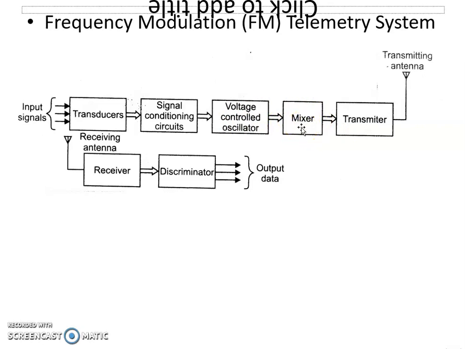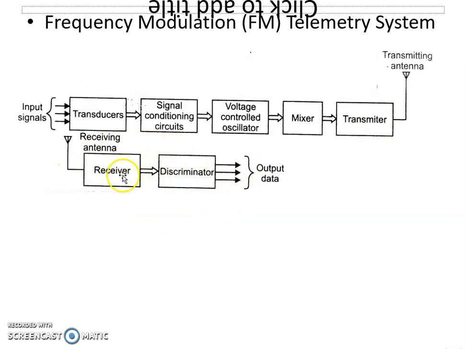As each voltage controlled oscillator is assigned a separate frequency of this frequency spectrum, each signal can be modulated without interfering with other signals. And these signals are transmitted with the help of the transmitter. Then this is the receiver part.